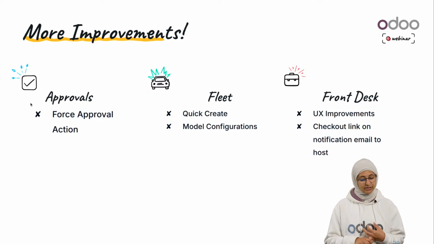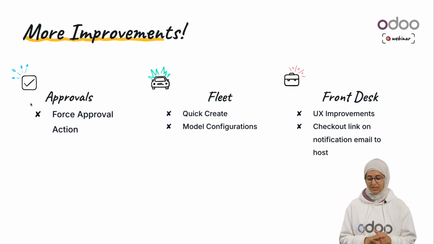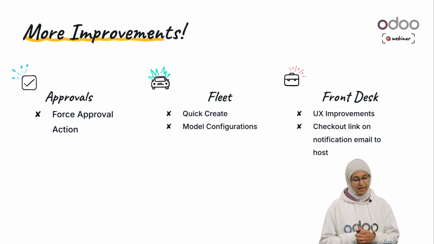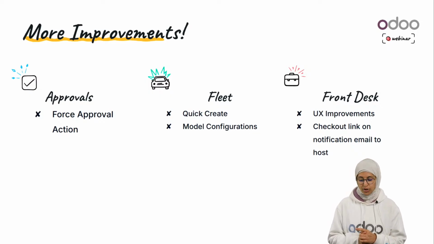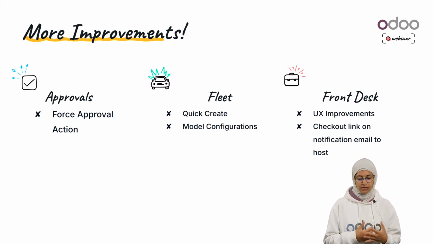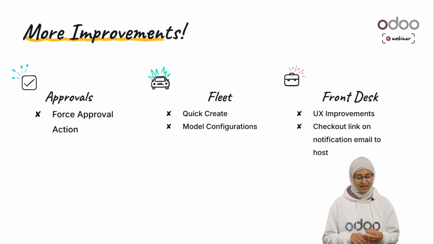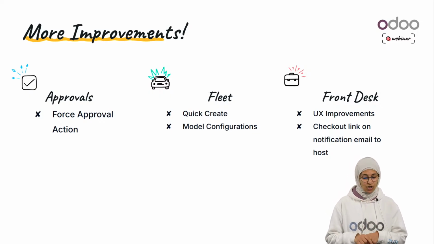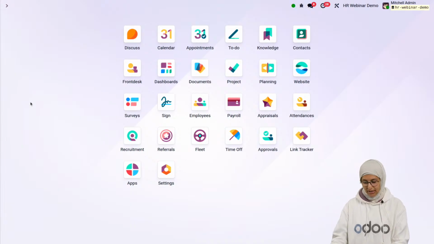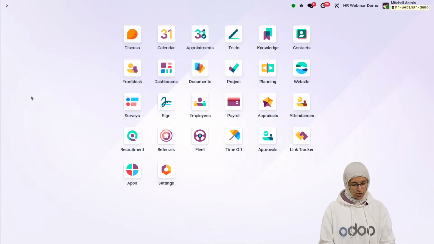For fleet, we're going to talk about some improvements to the quick create and some changes to the model configurations as well. And on the front desk, we're going to talk about some UX improvements, and we're going to see the checkout link that is sent on the notification email to the host. So let's go back into our database and take a look at that.